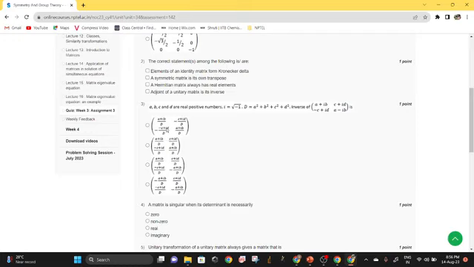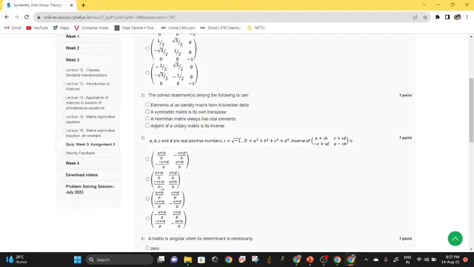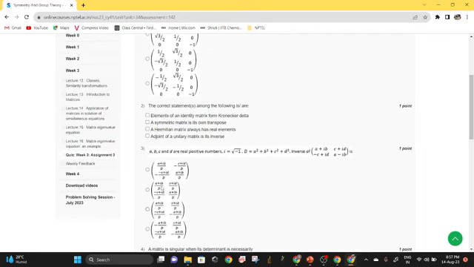It should give the value a square plus b square plus c square plus d square, but it will only give this value. There is no negative here. Maybe there is some printing mistake in this one.